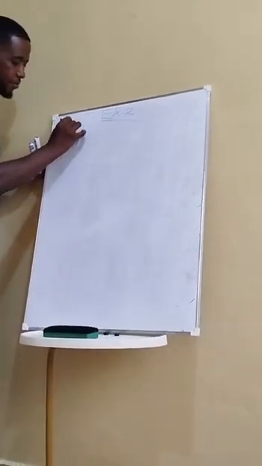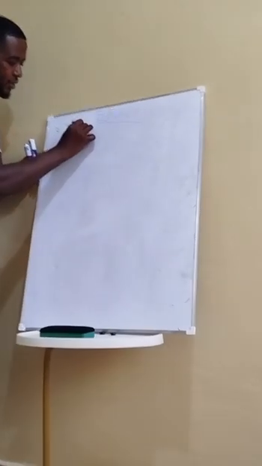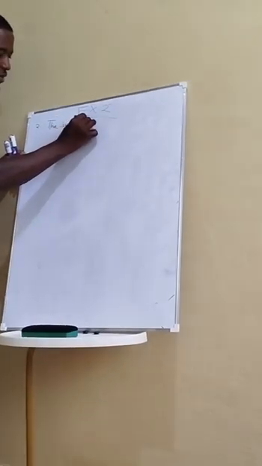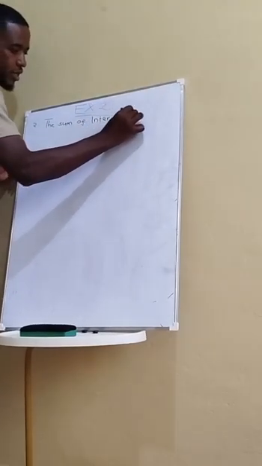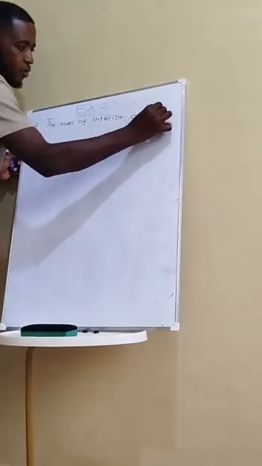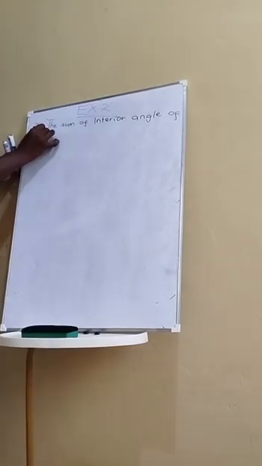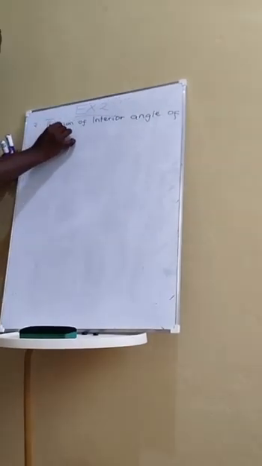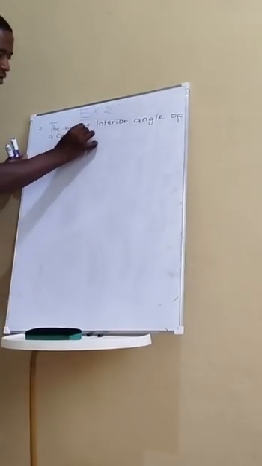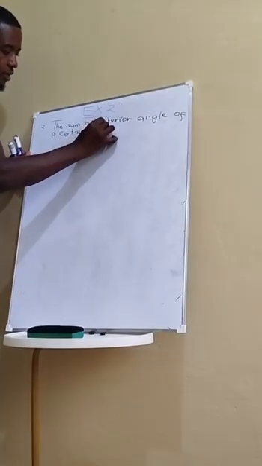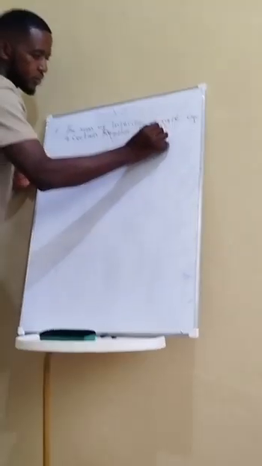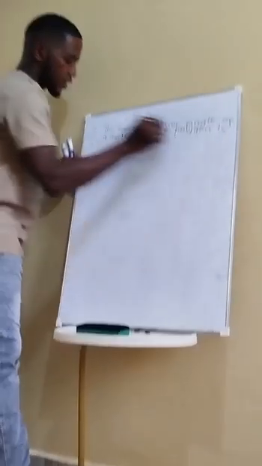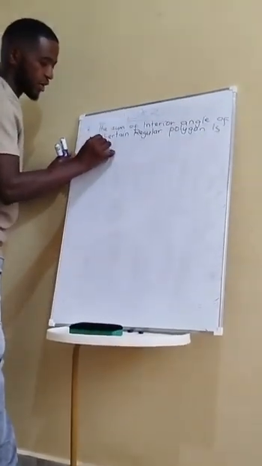The sum of interior angles of a certain regular polygon is 1080 degrees.